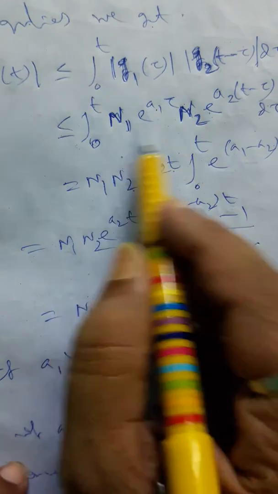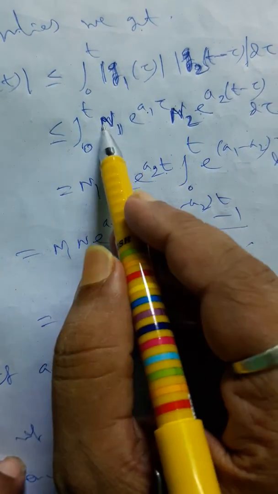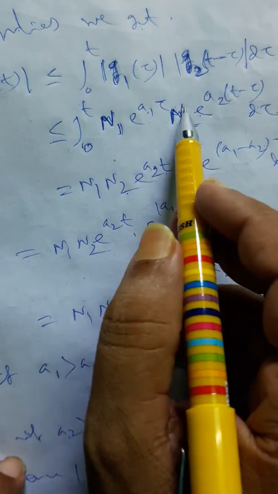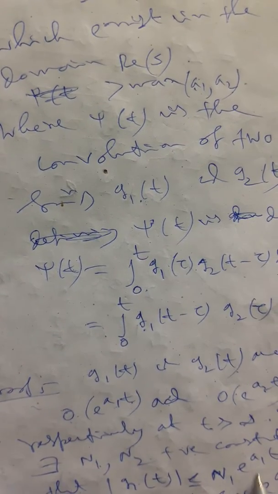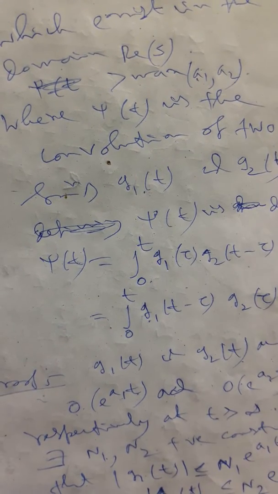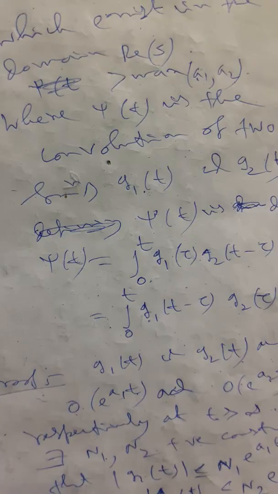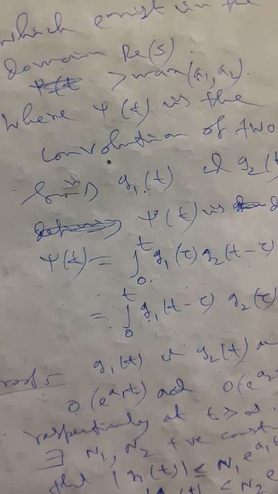Then applying the inequality conditions, we write g1(tau) is at most N1 e to the power a1 tau, and g2(t minus tau) is at most N2 e to the power a2 (t minus tau).